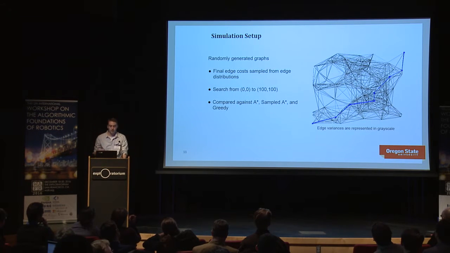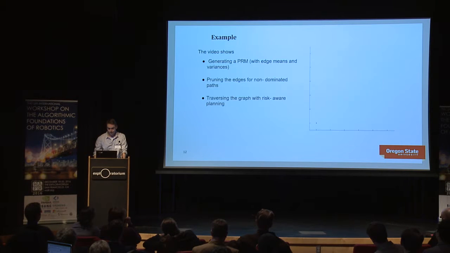Sampled A star is actually just going to randomly draw a value from each probability and search the graph some set number of times, and the path that ends up getting chosen the most will be the final path. And greedy will just take the local data into account and follow the lowest cost path.